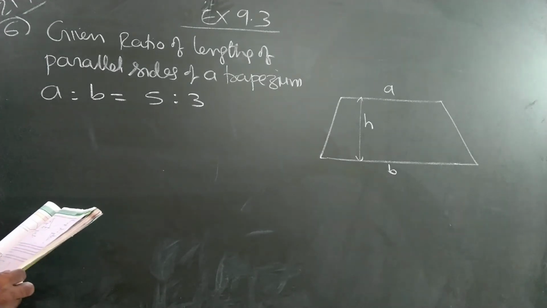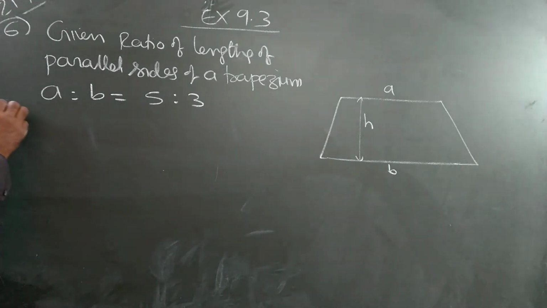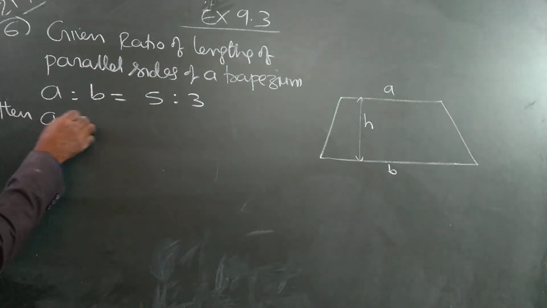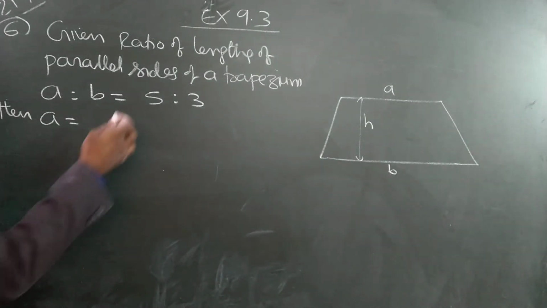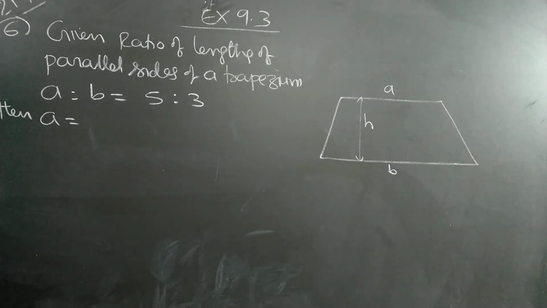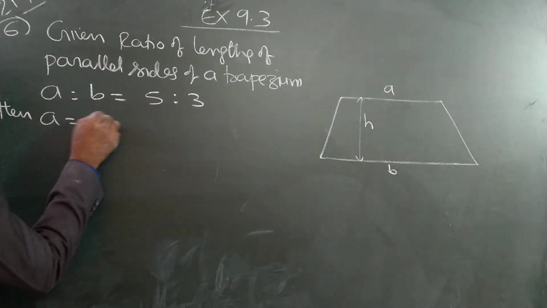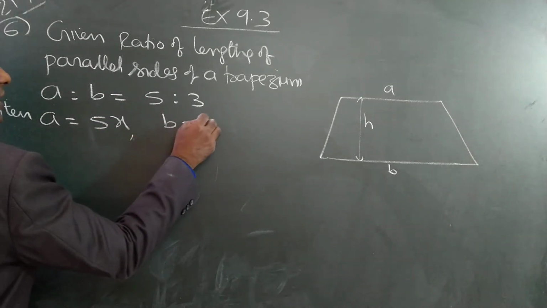If a ratio is given, to get the actual values we multiply the ratio with some number. So A is 5x, B is 3x.